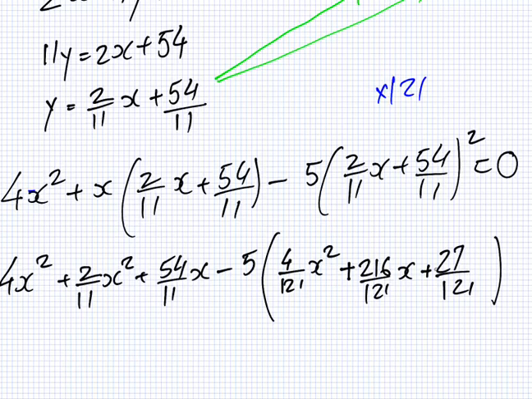The linear, definitely. So let's rearrange the first one. So you have 11y equals 2x plus 54. So y equals 2 over 11 x plus 54 over 11. So I just rearranged that.